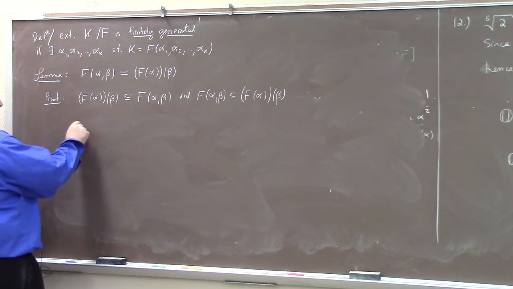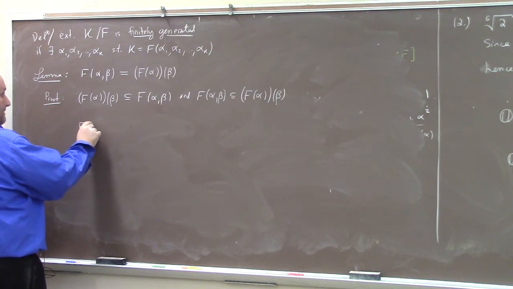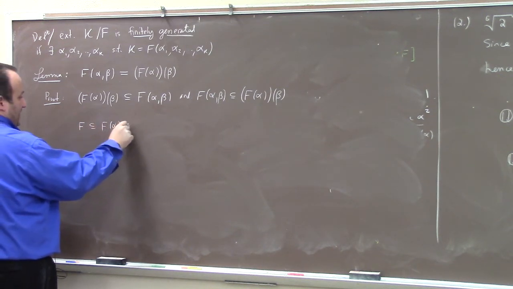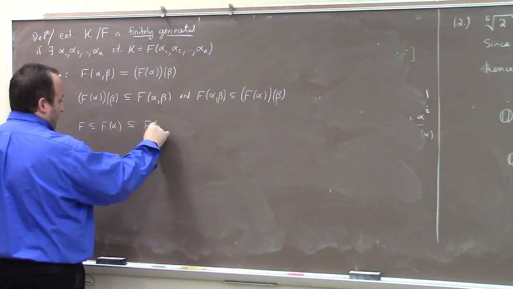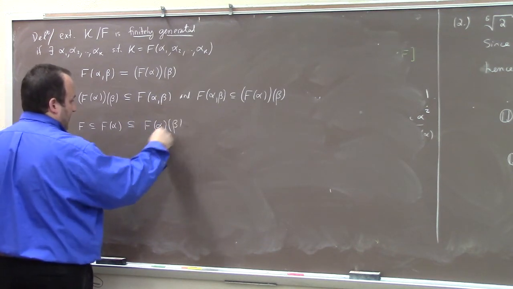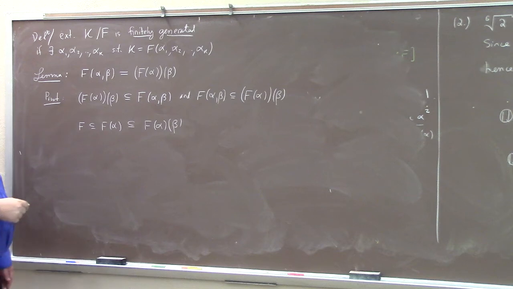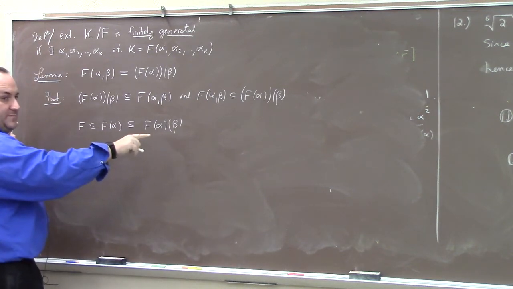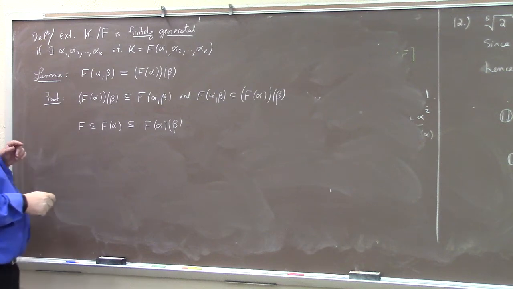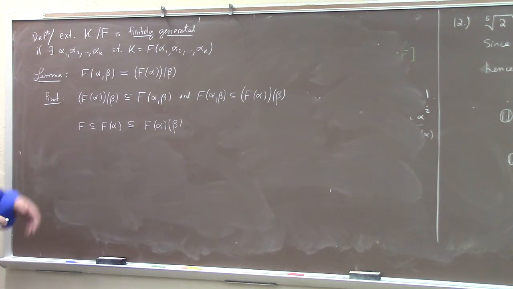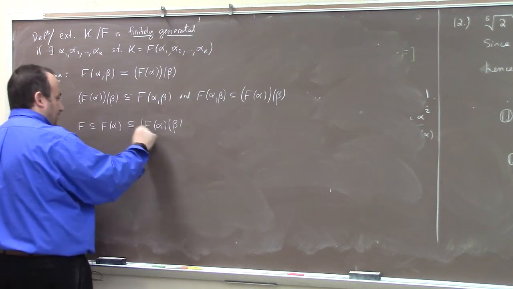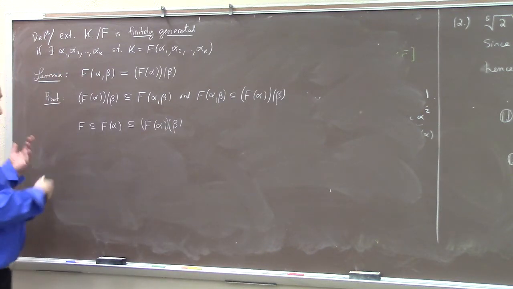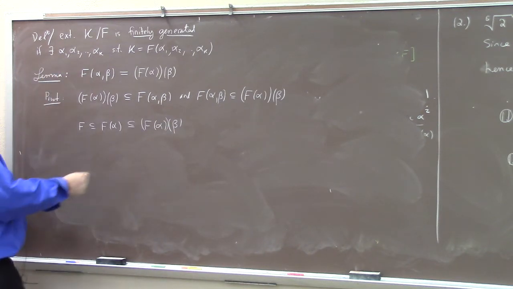So you notice what we have here is that F is a subset of F(alpha), which is a subset of F(alpha, beta). That's clear from the very construction of these things. And what does this tell us?